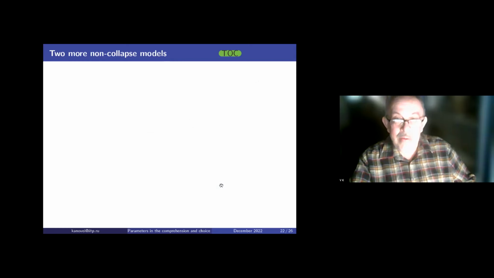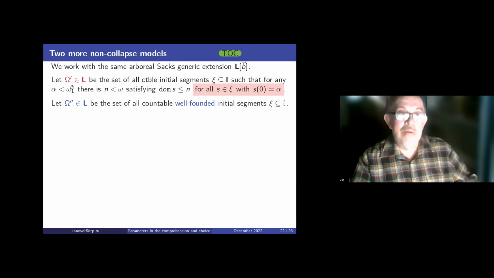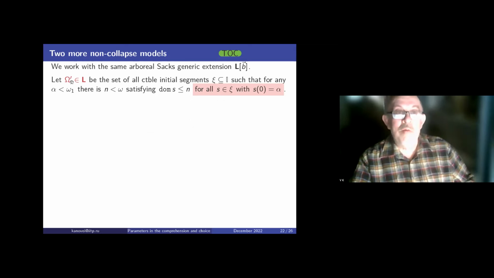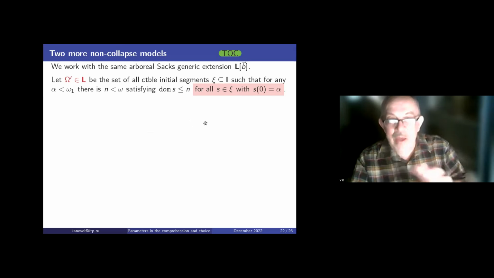Correspondingly, there are two different models. That is first omega prime. We take now countable initial segments which are not necessarily finitely high, but to the contrary, every bush in this forest, so to speak, has to be of finite height.